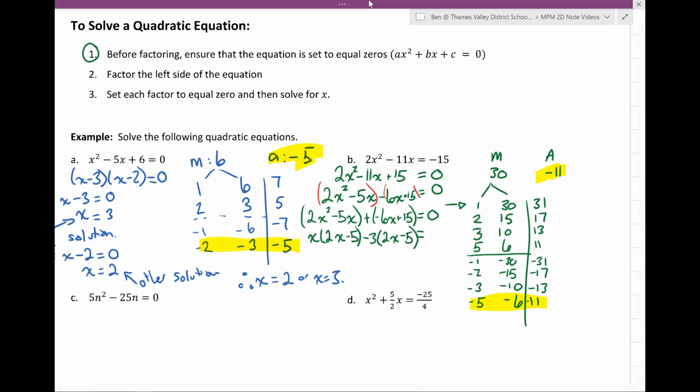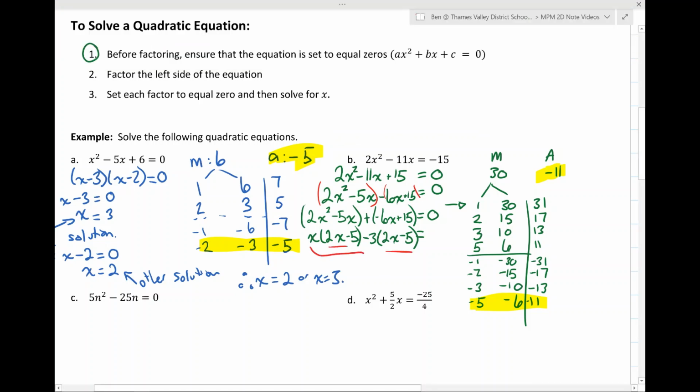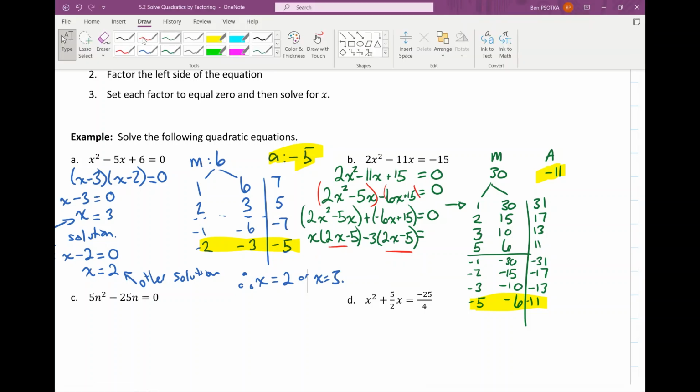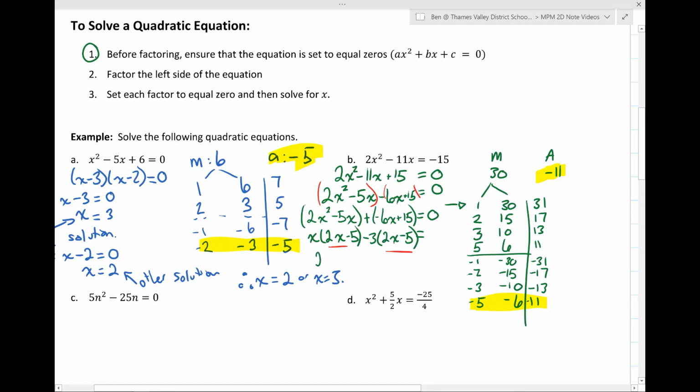Okay, and I recognize that 2x minus 5 shows up in the first part and the second part. So it's like I'm factoring out the 2x minus 5 from the entire thing. If I factor that out, that leaves me with 2x minus 5 here and x minus 3. So there I am. I've factored my complex trinomial.